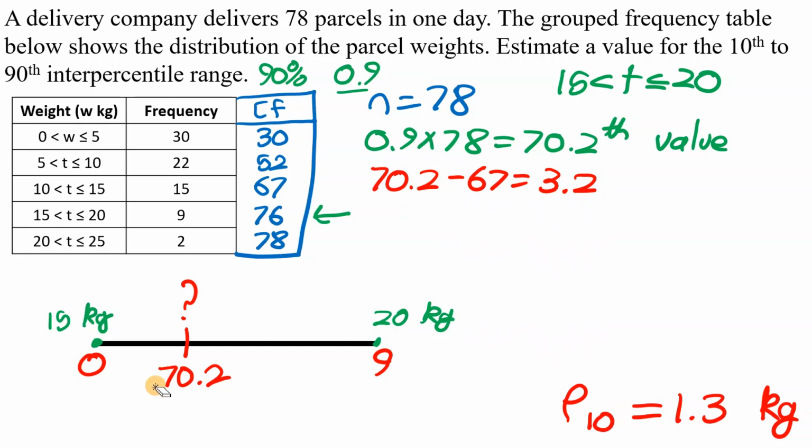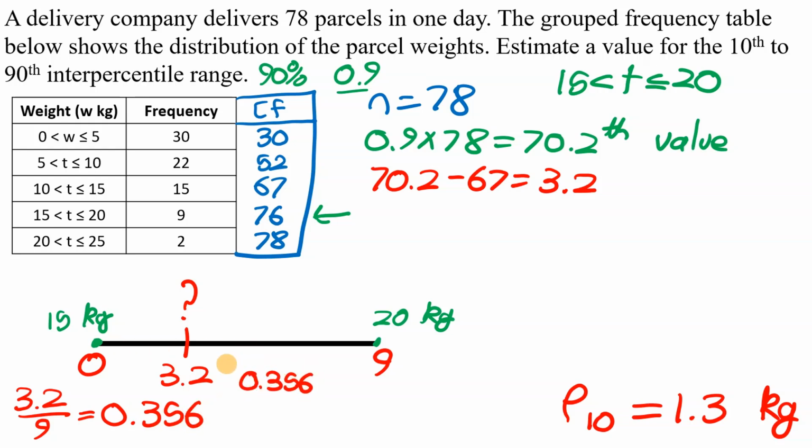So this here is now going to be 3.2. Now we need to know how far across this line 3.2 is, between 0 and 9. So we're going to do 3.2 divided by 9, which if you put into your calculator to 3 decimal places is 0.356. So this here is how far across this line 3.2 is. So it's going to be the same on this side as well.